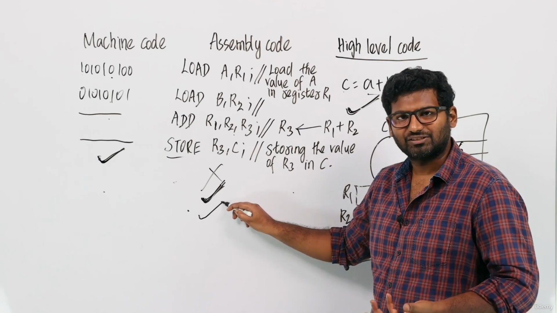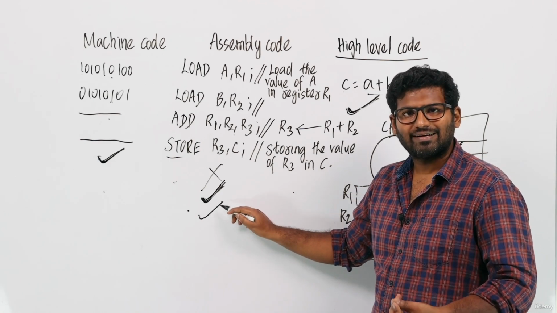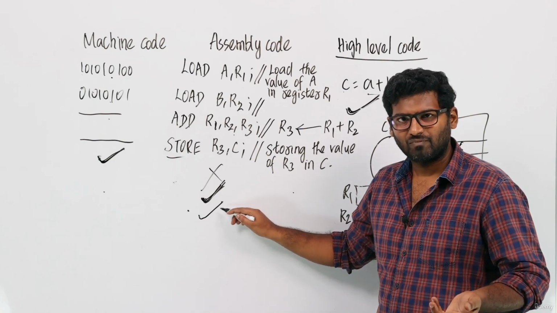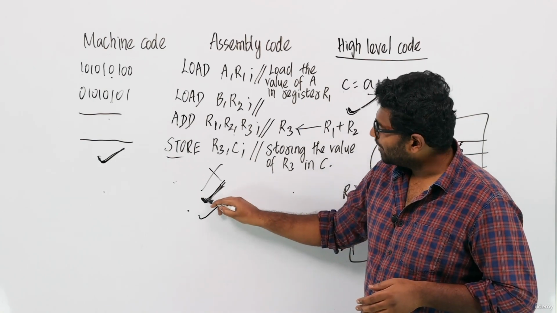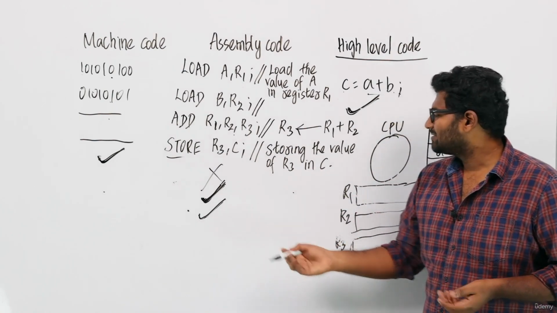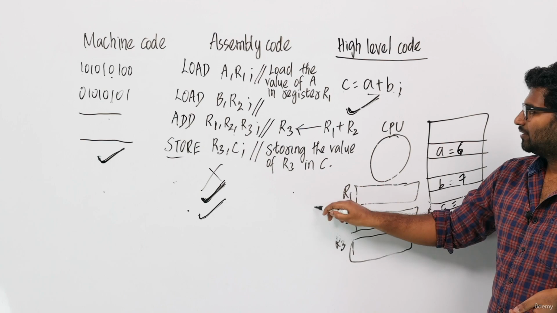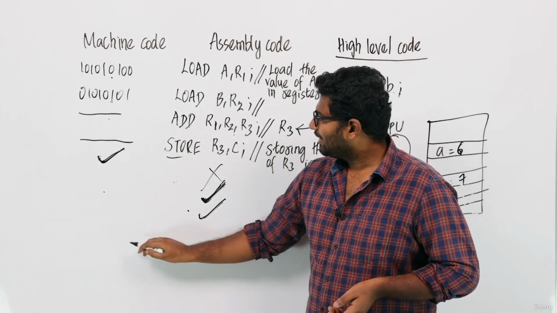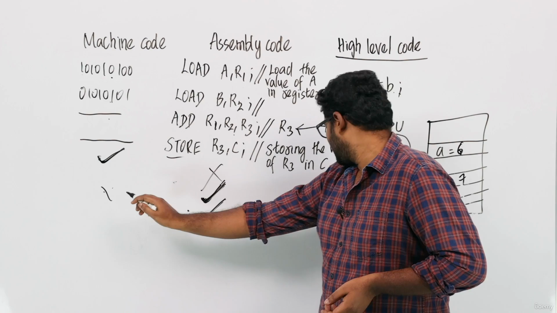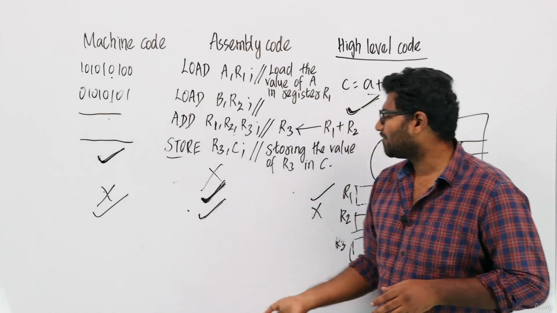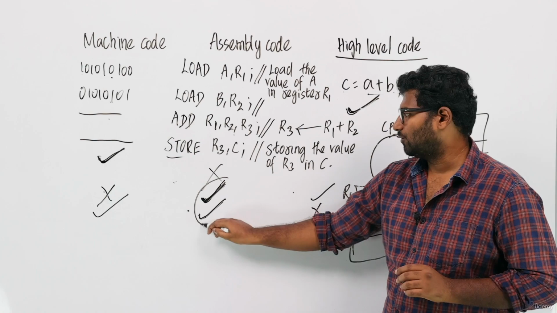So that we can easily understand how our CPU is actually fetching these instructions and executing them. So this is human readable, also it is going to have instructions, whereas this is not going to have instructions but it is human readable. Whereas here it is not human readable, but it is holding instructions. Just for that reason we are having this assembly code.